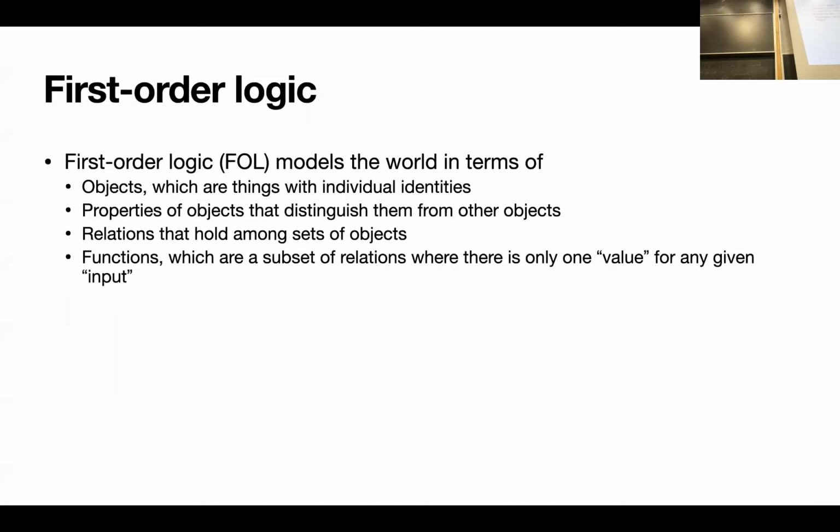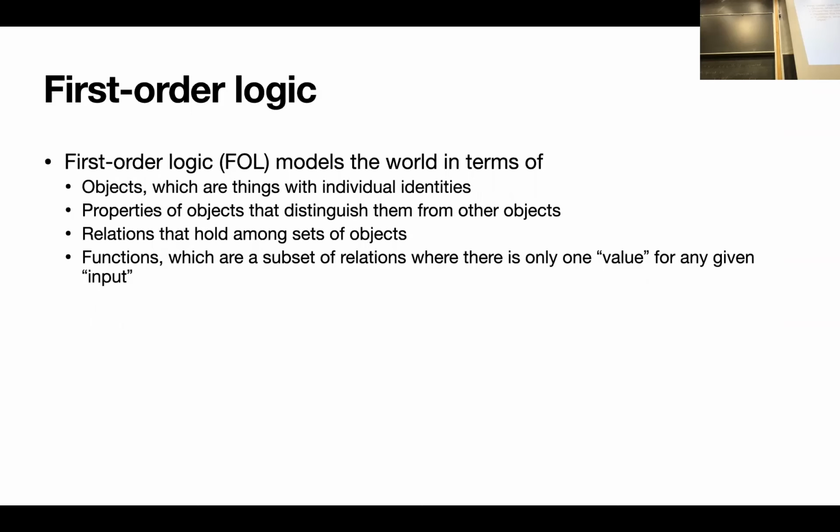Okay, so a bit more. First order logic models the world in terms of several things. Objects are entities with individual identities. Properties of objects distinguish them from other objects: one object is tall, the other one is short, or one is gray, the other one is black.